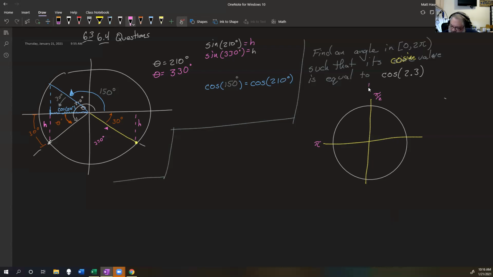So half of pi is about 1.57. Pi is about 3.14. So 2.3 radians has to be in between there somewhere. So that's that angle.